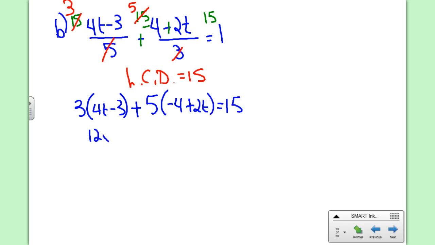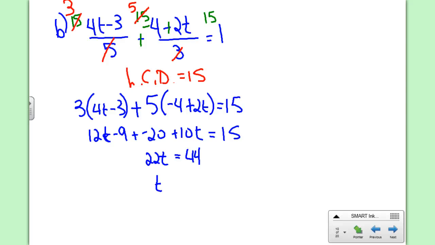So I get 12t minus 9 plus minus 20 plus 10t is equal to 15. So I end up with 22t is equal to 44. So that means that t equals 2. And there was no non-permissible value, so all is good.